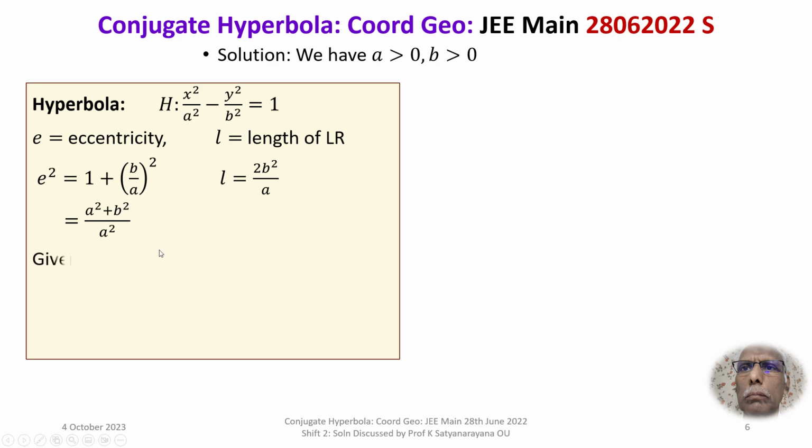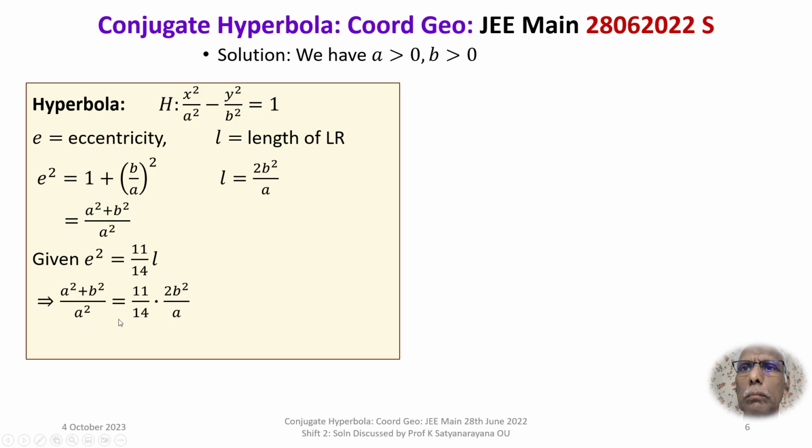We are given the relation between E square and L, E square is equal to 11 by 14 L. Substituting for E square, a square plus b square by a square, and for L, 2b square by a, we get a square plus b square by a square is equal to 11 by 14 into 2b square by a.